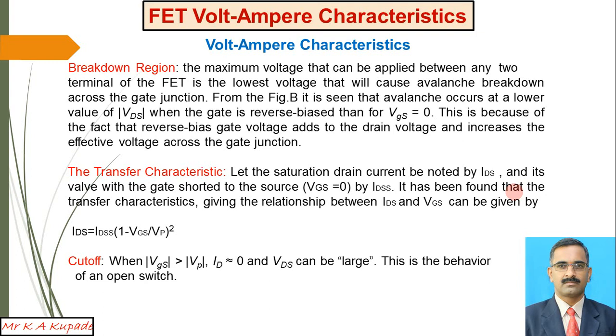Cutoff region is when your VGS is more than Vp, and because the depletion regions of both gate junctions meet each other, the bar is closed due to the depletion region and there is no flow of ID current. Even in that situation VDS may be large. This behavior is considered as an open switch because there is no current flowing. That is the cutoff region.